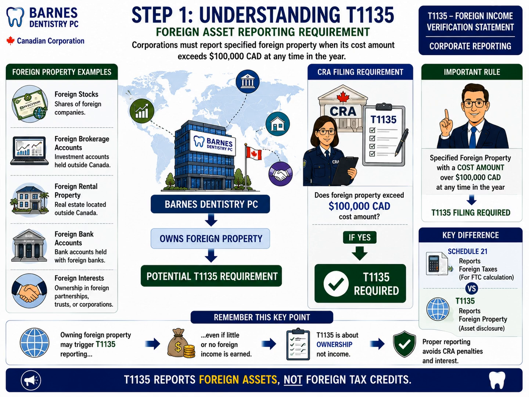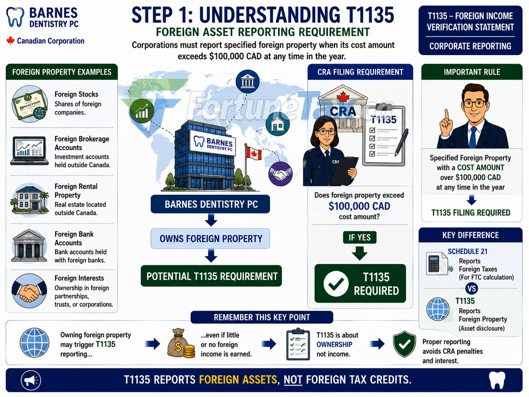Now let's move to the comparison box on the lower right. This is where many students finally understand the difference between Schedule 21 and T1135. Schedule 21 reports foreign taxes. Its purpose is to calculate foreign tax credits and reduce Canadian tax payable. T1135 serves a completely different purpose.